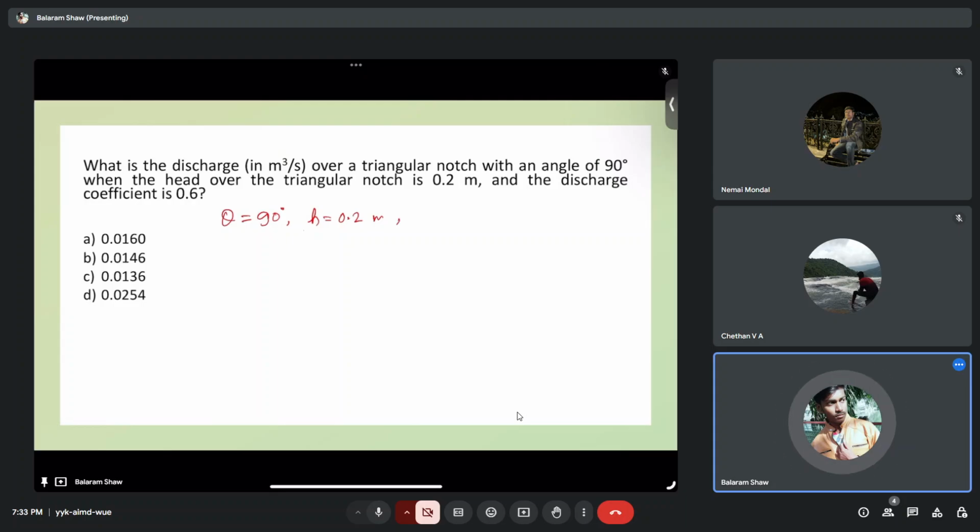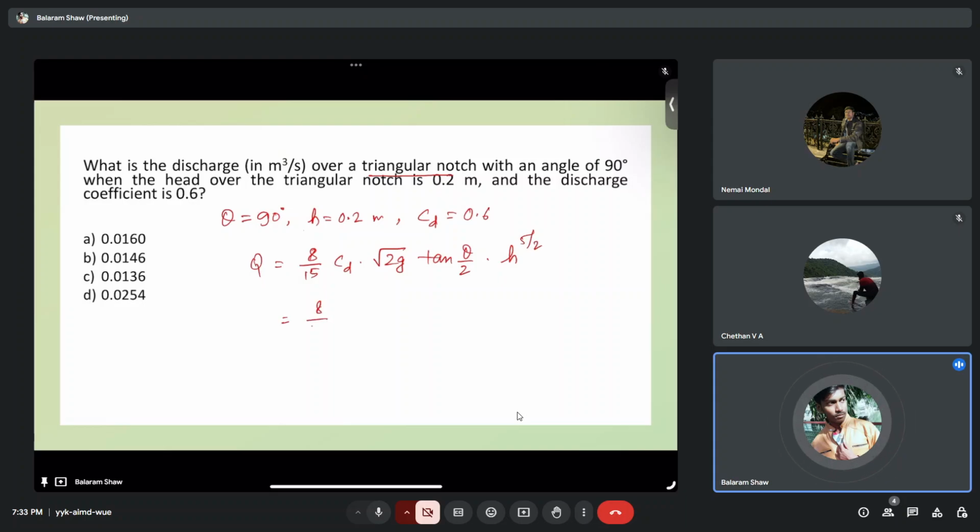Then we have discharge coefficient, that is CD, as 0.6, right? We know the formula as Q is equal to 8 by 15 CD into root 2g tan theta by 2 into H to the power 5 by 2.